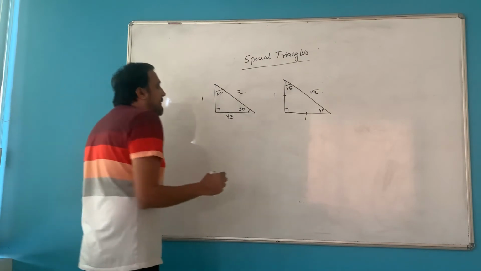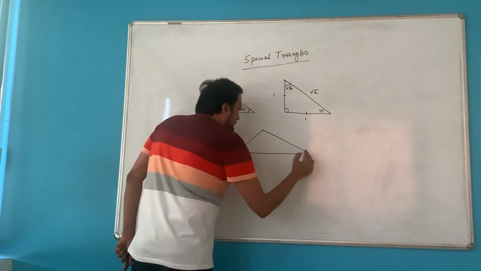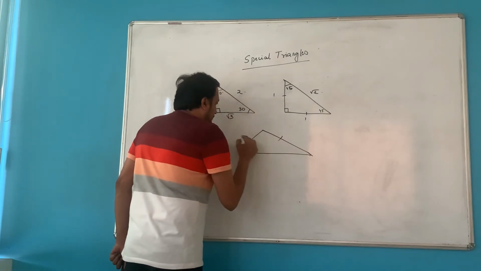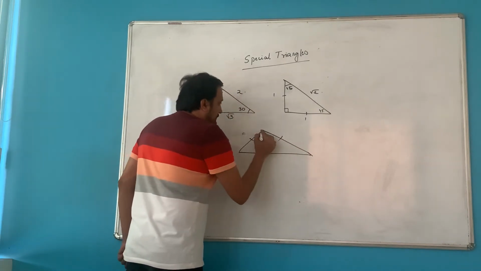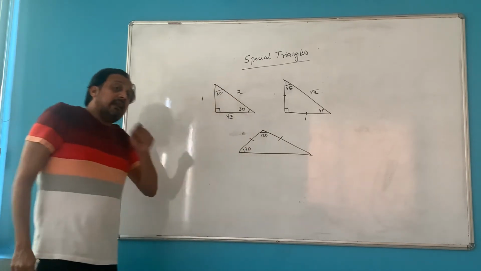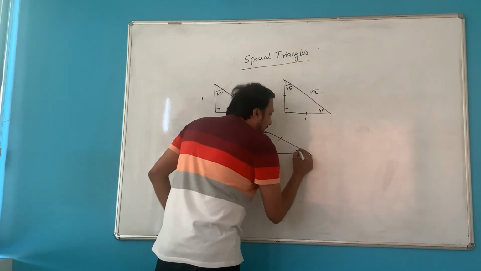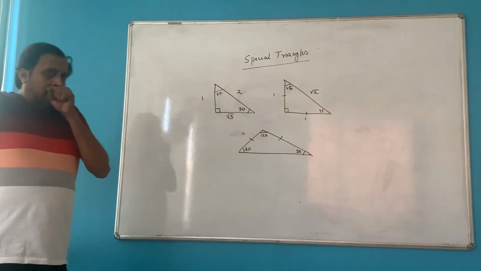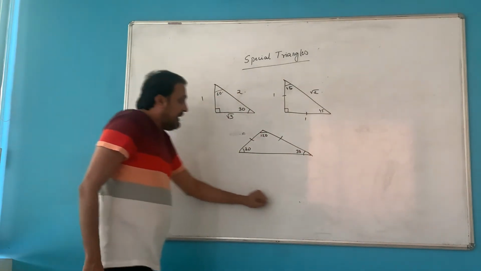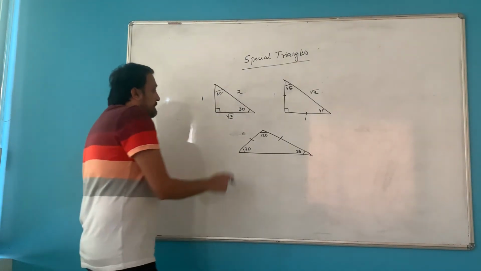Another very specific type of triangle will be your 30, 30, 120 triangle.